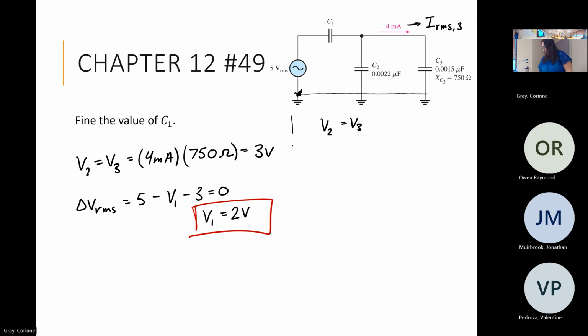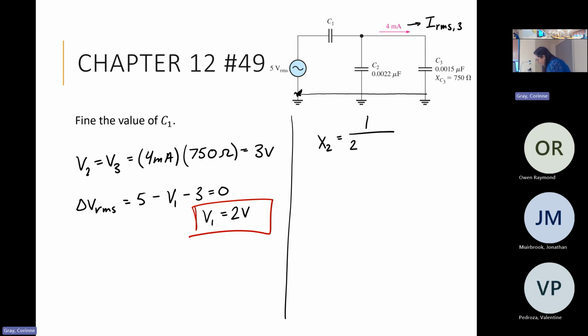Okay. So if we want to do it the harder way, we have to figure out using reactance what's going on. So we can find X2, which would be 1 over 2 pi FC. If I want to use this, what do I not currently have for X2? Frequency. So how do I find the frequency?